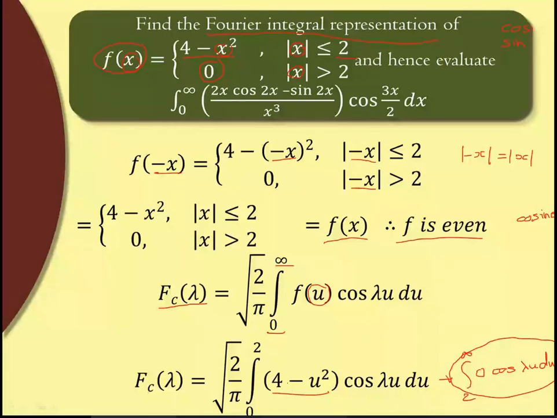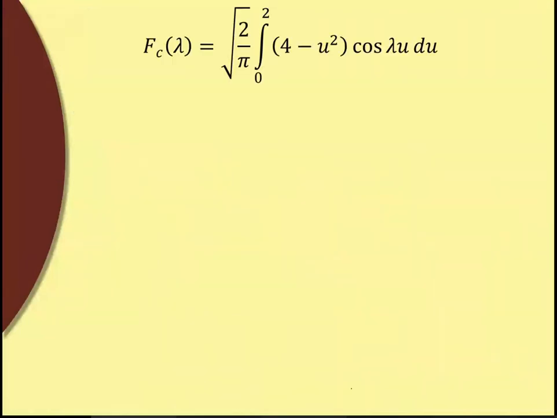Now you can see that we have the product of two terms, 4 - u² and cos(λu). To solve this integration, we can make use of integration by parts. But if you use the regular rule of integration by parts, at least 2 times we have to use that. If you use the generalized rule, then within a few steps we can get the answer.